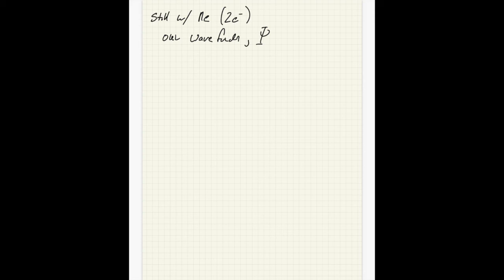Okay, so we're still sticking with helium as the two-electron case, and we know that our wave function is going to be a linear combination or a superposition of all the possible states.